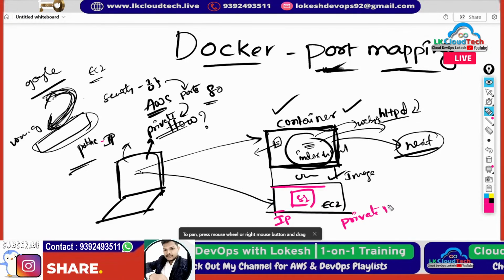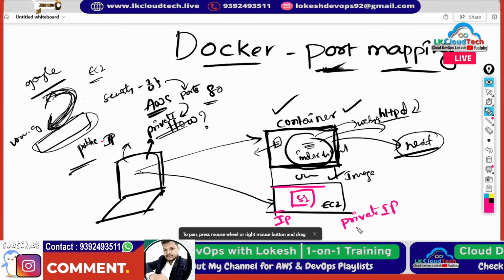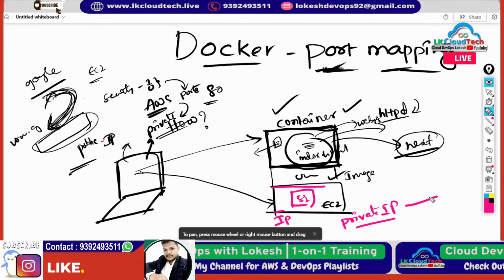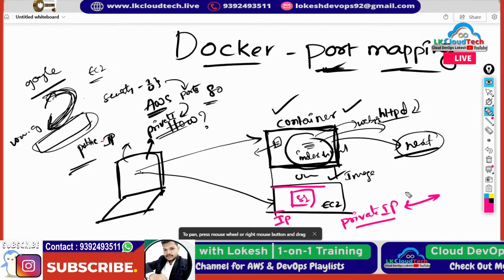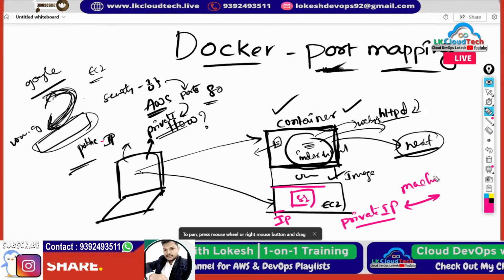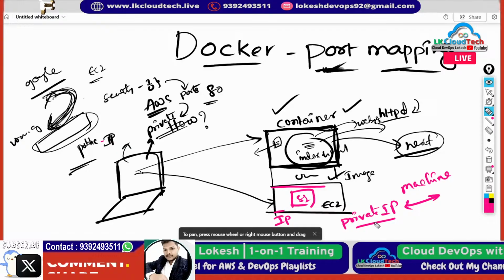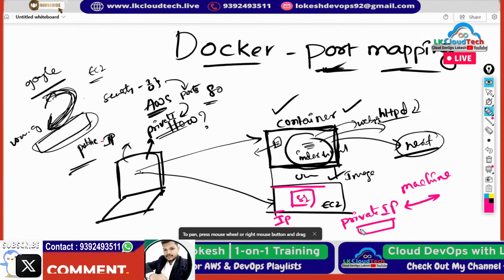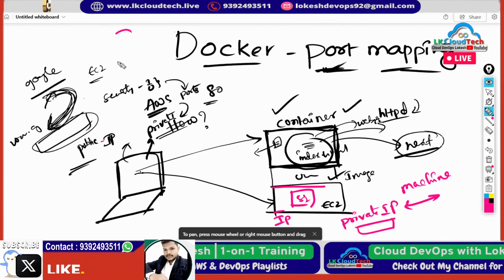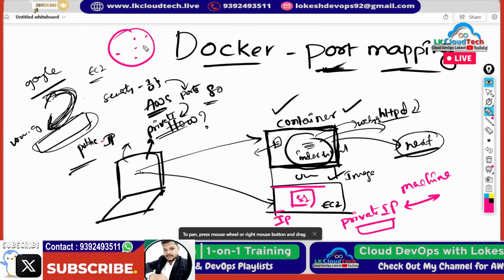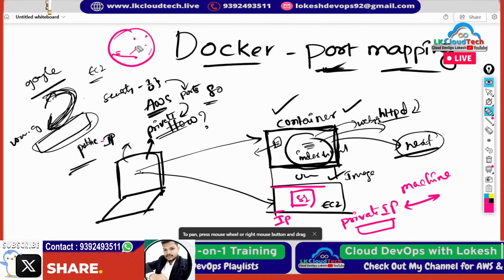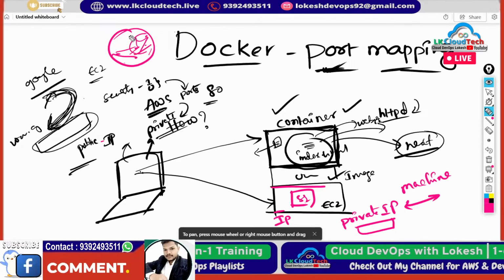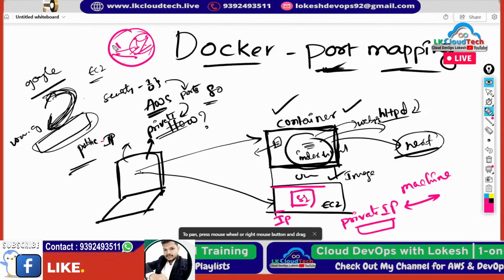The main purpose of a private IP is to communicate between two different machines, so it will not interact with the public. For example, in one organization there are a lot of systems. If they want to connect from one system to another, they will communicate using only the private IP.